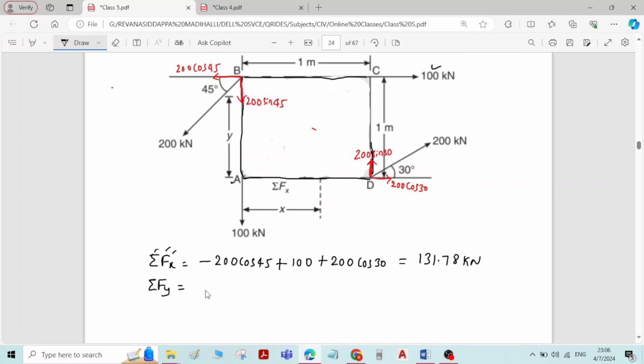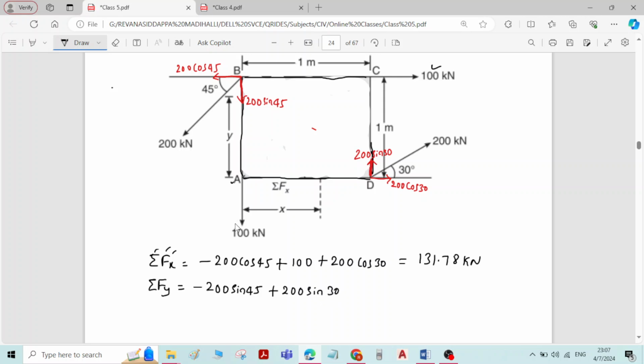Now we will find sum of forces in y direction, sigma Fy. Okay, we have to add all the forces which are acting in y direction, that is the meaning. So we have 200 sin 45 acting in downward direction, sign is minus 200 sin 45. Then we have 200 sin 30 force acting in right upward direction, sign will be plus 200 sin 30.